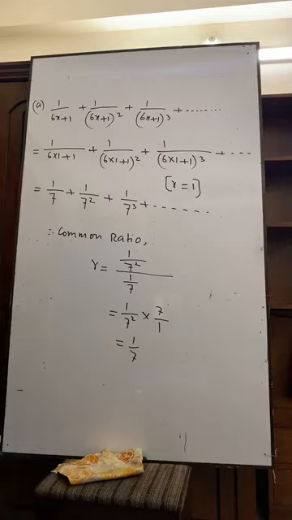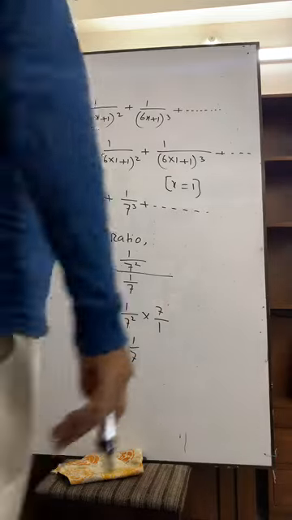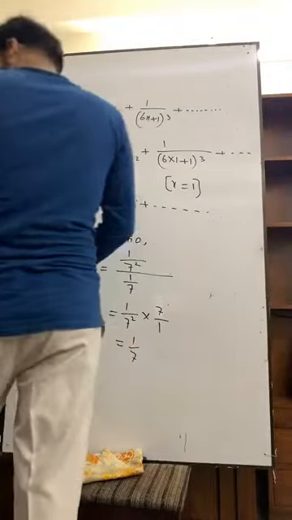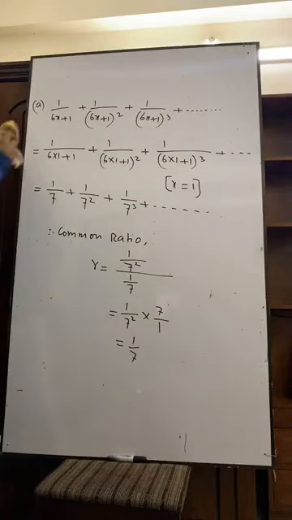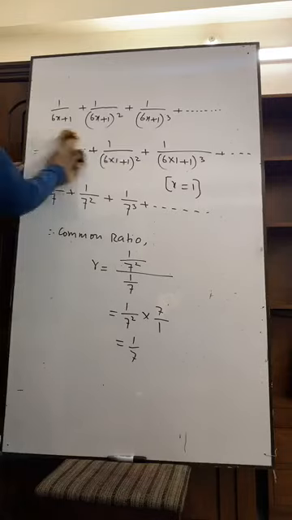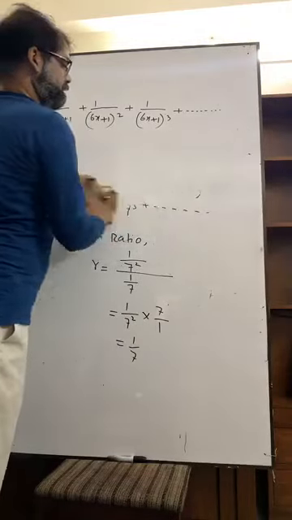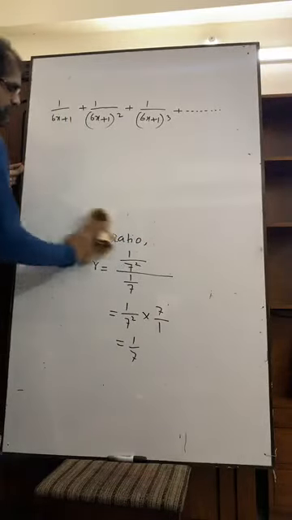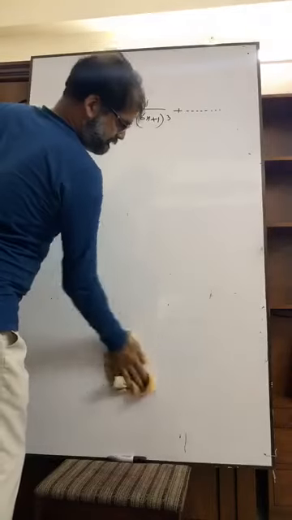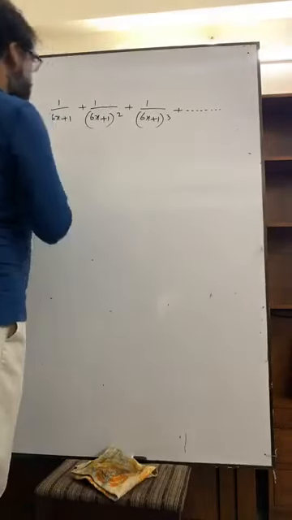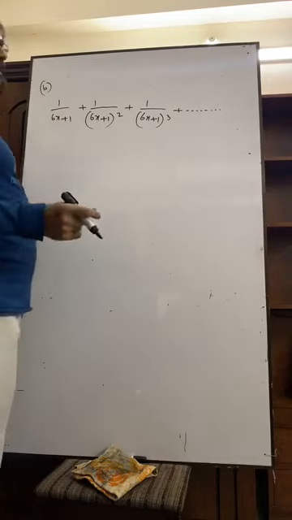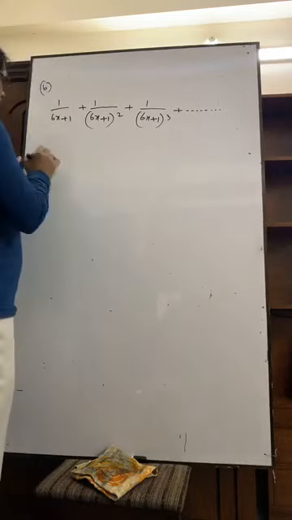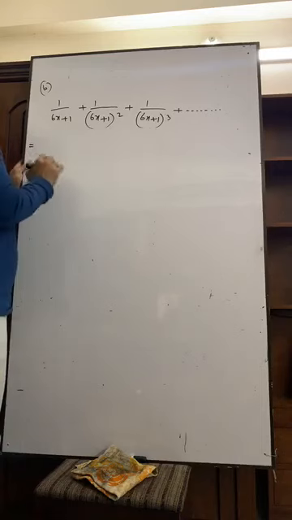Now we have to go to question number B, where it was written that x equals to 1 by 3. So we'll try to put x equals to 1 by 3.